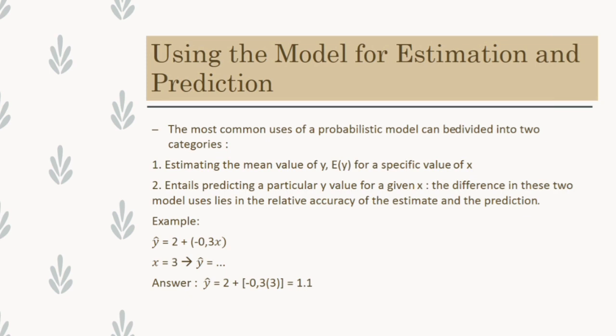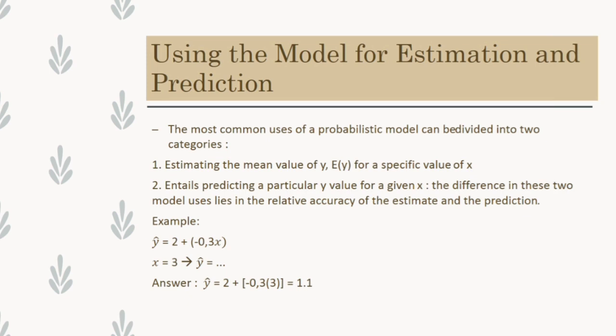Next is using the model for estimation and prediction. The most common uses of a probabilistic model can be divided into two categories. First, estimating the mean value of y, E(Y), for a specific value of x. Second, predicting a particular y value for a given x.